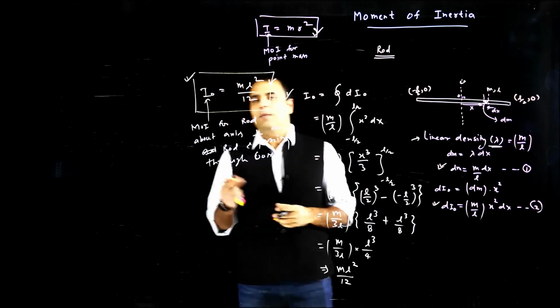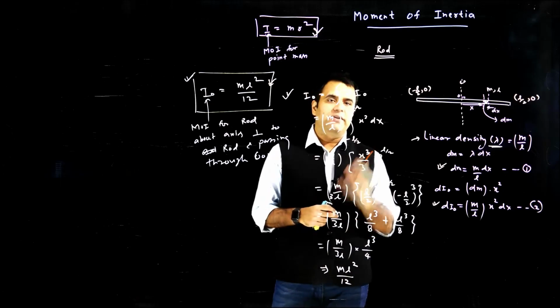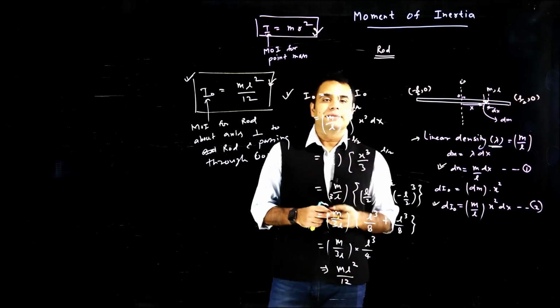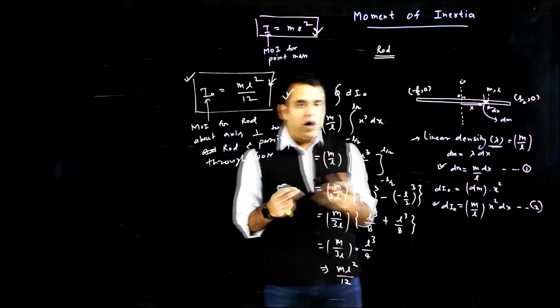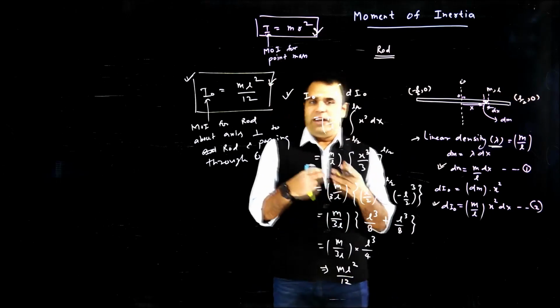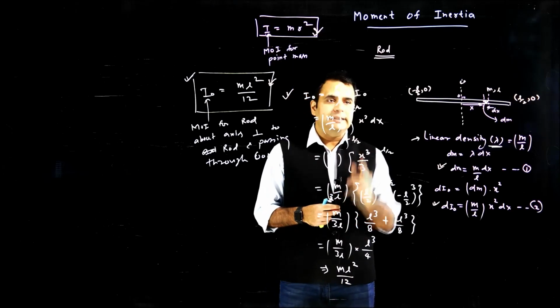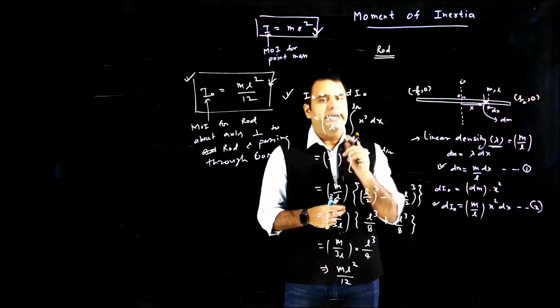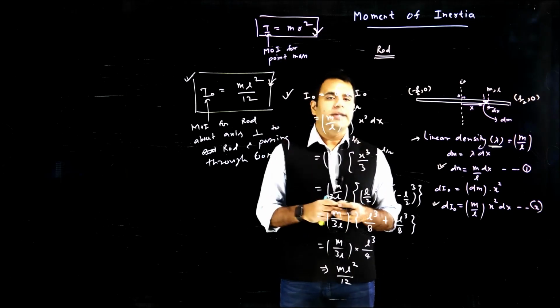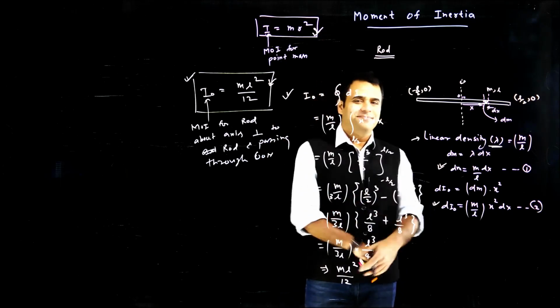The formula comes out to be ml square by 12. Here we have to remember that the mass of the rod is m and the length of the rod is L. So whenever we have a rod of mass m and length L, and we have to calculate the moment of inertia for that rod about the axis passing through the center of mass and perpendicular to the rod, this is going to be the formula. Okay. Thank you.